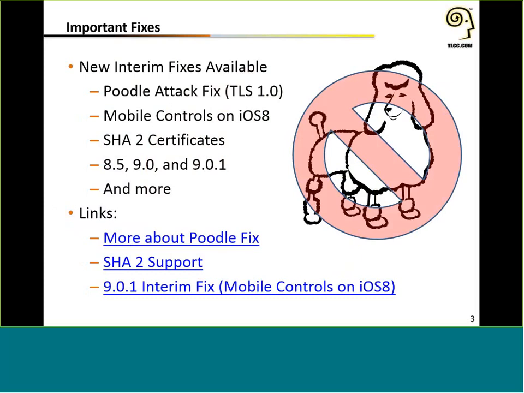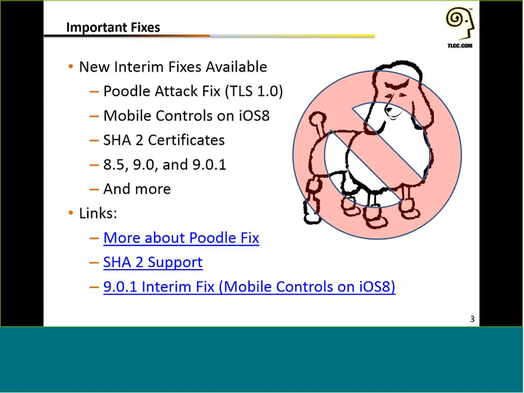This fix will also enable the mobile controls on iOS 8 devices. There's a number of other things in there too. You can now get a SHA-2 SSL certificate. And so there are interim fixes for 8.5, 9.0, and 9.01.